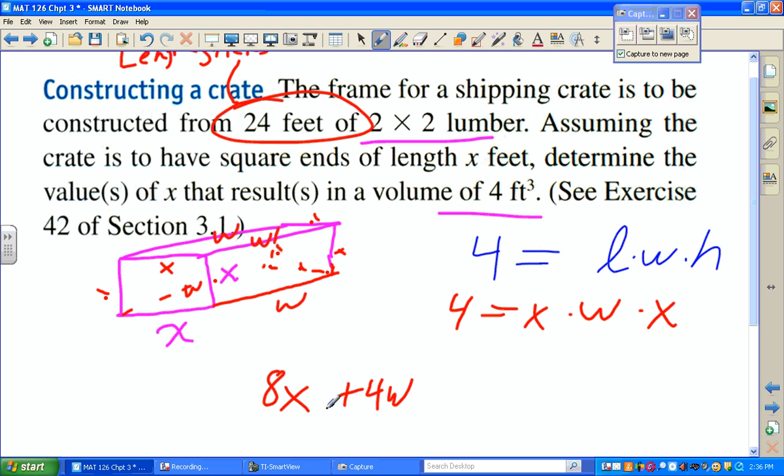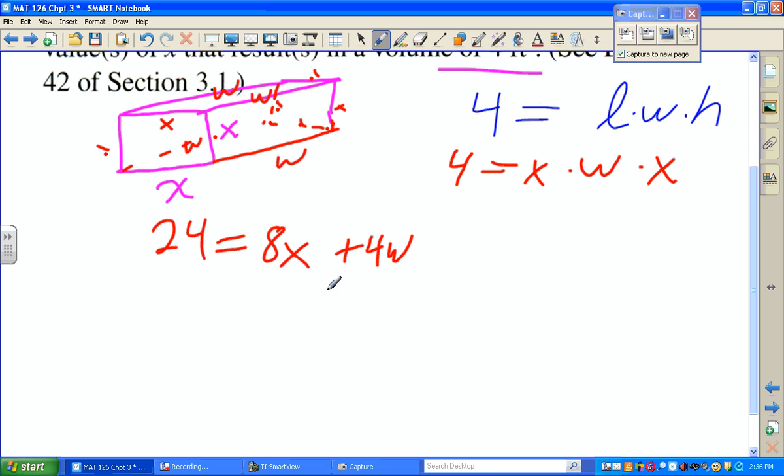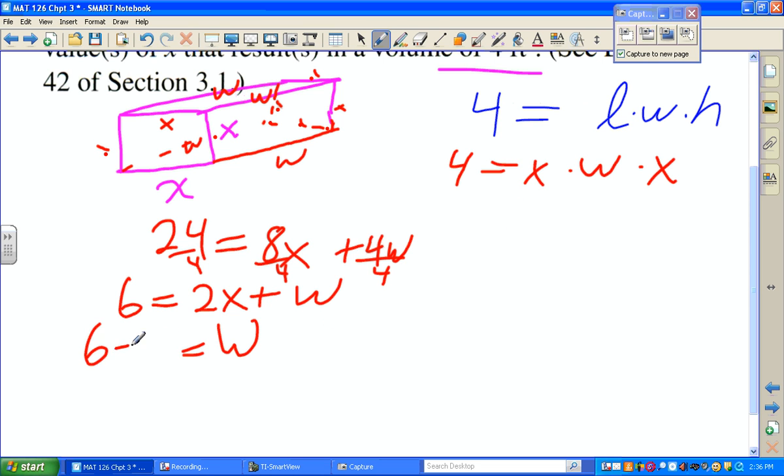Plus 4W, and that has to equal your perimeter, which is 24. So 6 equals 2x plus W, if you divide everything by 4. And now you put it in the equation. Now you have your equation. 4 equals x times 6 minus 2x times x.